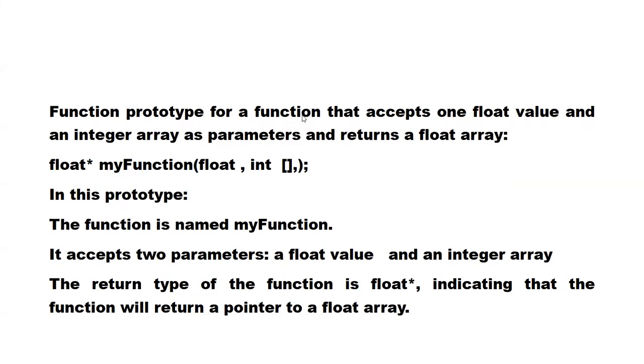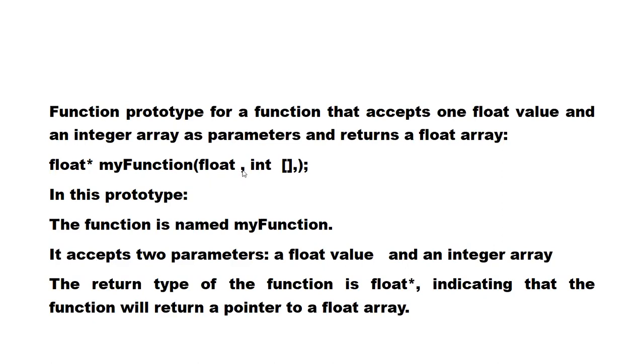The function prototype for a function that accepts one float value and an integer array as parameters and returns a float array. So here the return type is a float array, so it has to be declared as a pointer to float, float star, then function name. It is given as myfunction. Then it accepts two parameters.